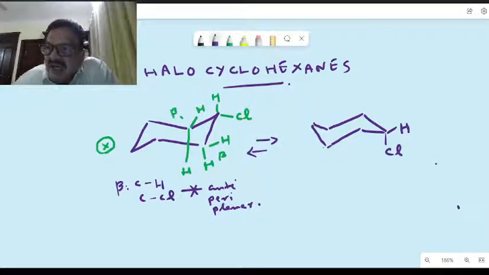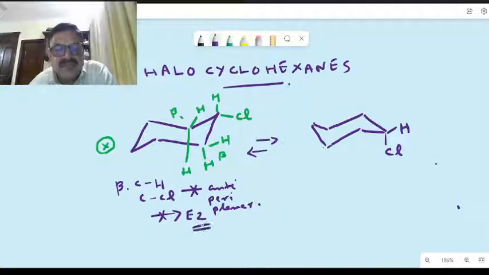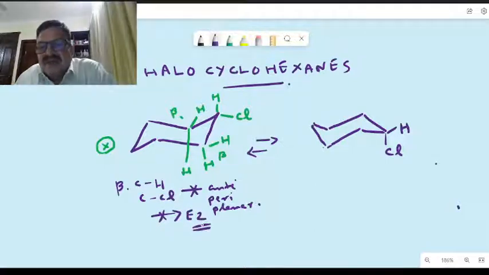They are not anti-periplanar to each other. So what will happen here? This conformation X cannot give an E2 reaction. So there is no E2 reaction here.